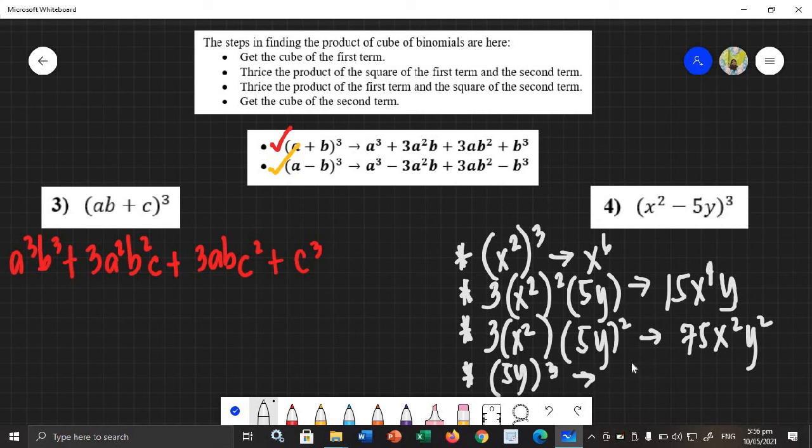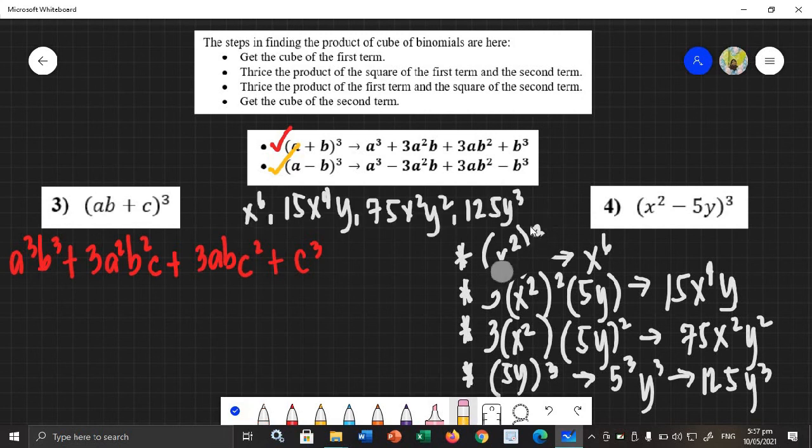So applying the product rule again, we have 5 raised to the third, y raised to the third. 5 raised to the third can be simplified as 5 times 5 times 5, and that will be equal to 125y cubed. So listing all the products that we got, we will arrange these terms using the pattern.